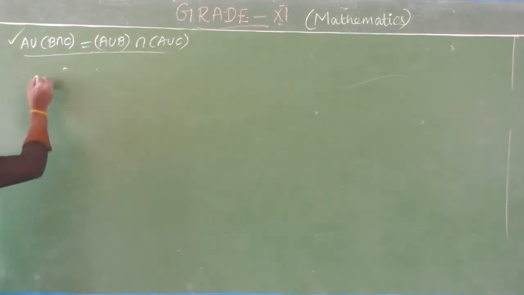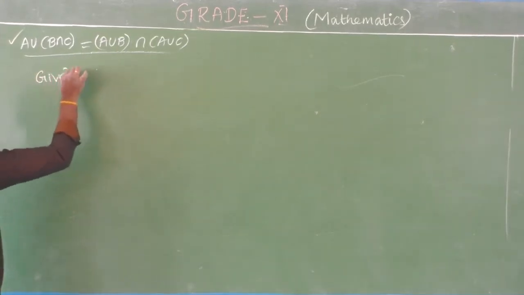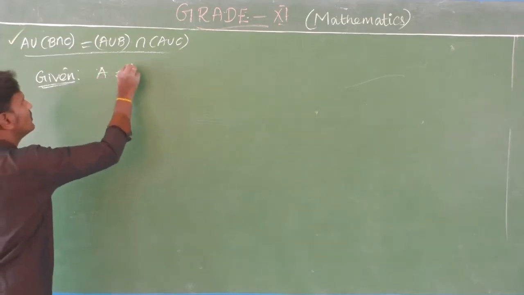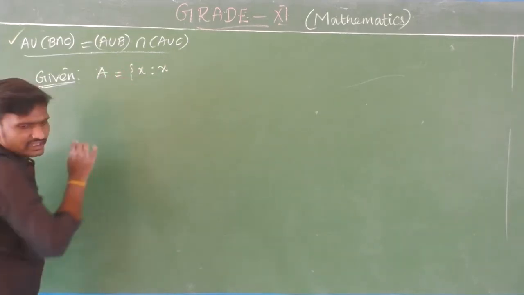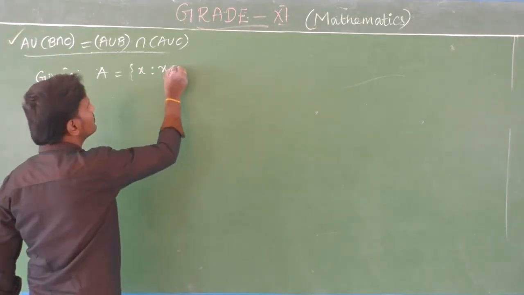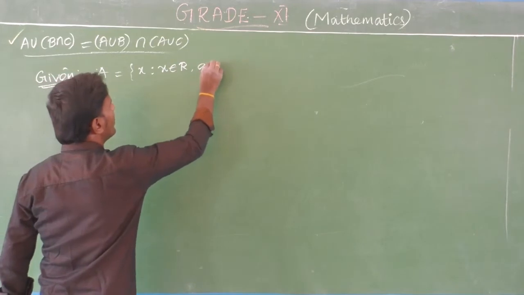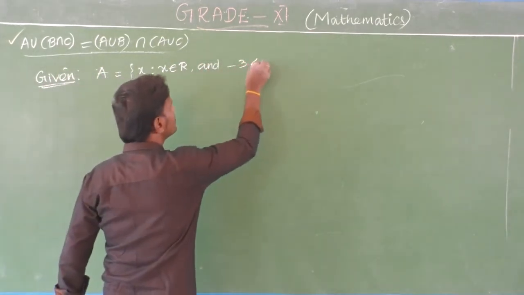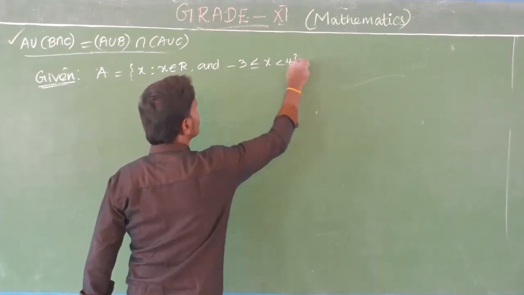Fine. Now I am taking three sets. Given A equal to {x such that x belongs to R and minus 3 is less than or equal to x is less than 4}.